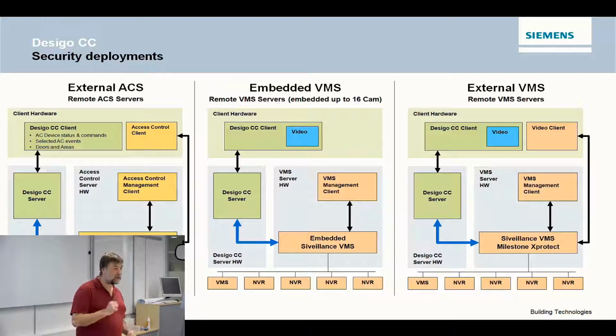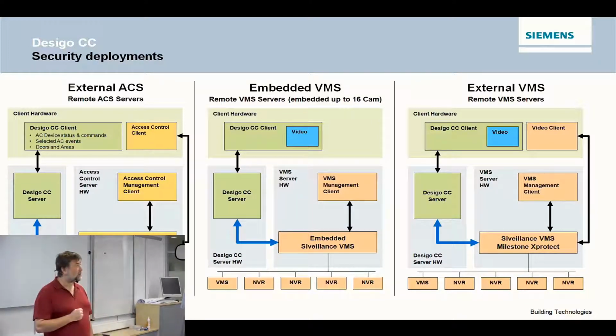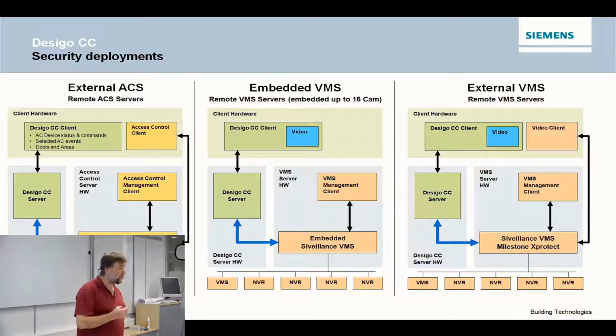Which means we have the embedded version right now only for video. If you take an embedded VMS, you have the complete VMS system as a server component, installed either separately on a separate machine or on the same machine as Desigo CC. But the complete operation is done in the Desigo CC client.